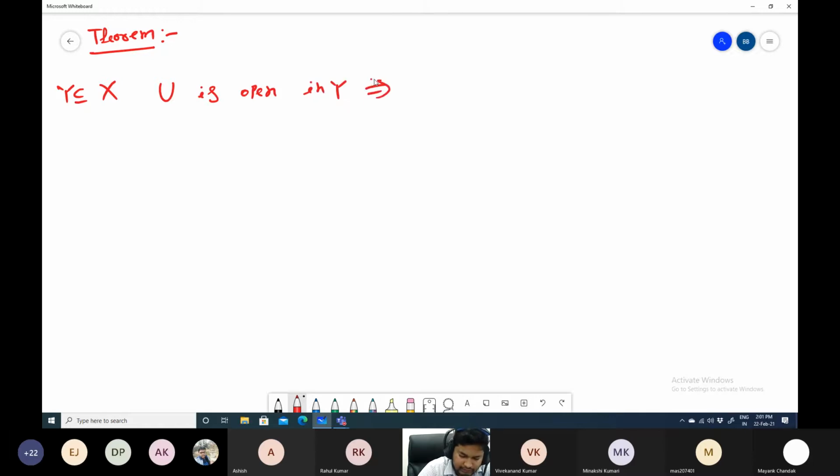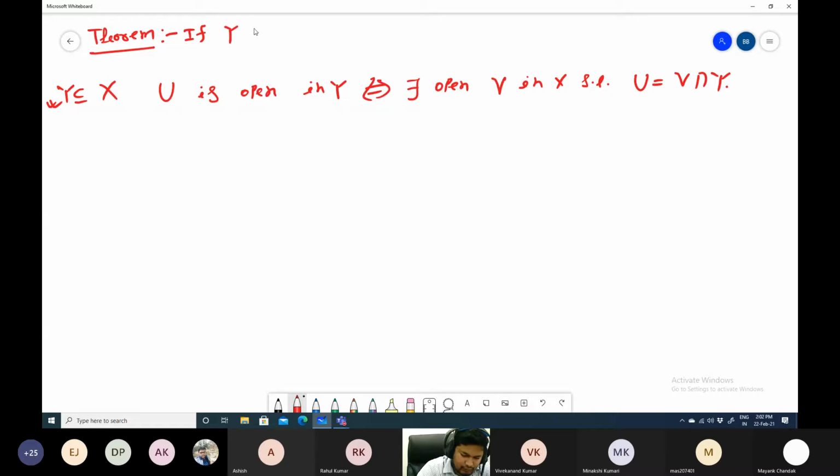If and only if there exists an open set, say V in X, such that U equals V intersection Y, right? It is just the definition of subspace topology. Now, in similar notation, we will prove now by using this one.